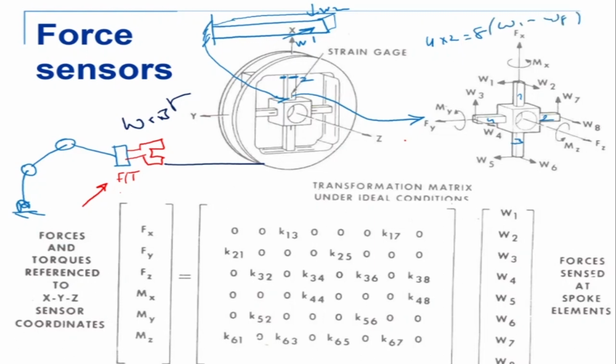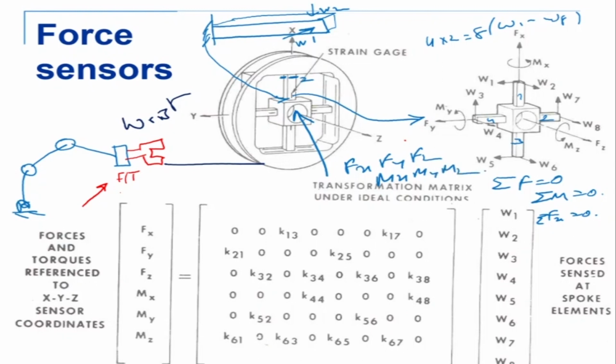Now for static equilibrium, we know that sigma F must be equal to 0 and sigma M must be equal to 0 also. We take one at a time: Fx, Fy and Fz. The first one is sigma Fx equal to 0, which means that all forces in the x direction are equal to 0. In the center, if I apply my Fx, Fy and Fz, Mx, My and Mz, I need to find the relation between this and the forces which are acting here.